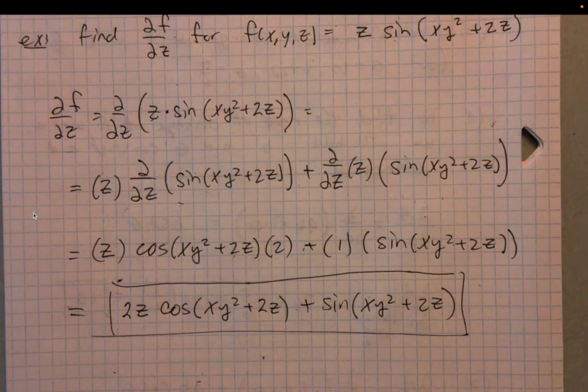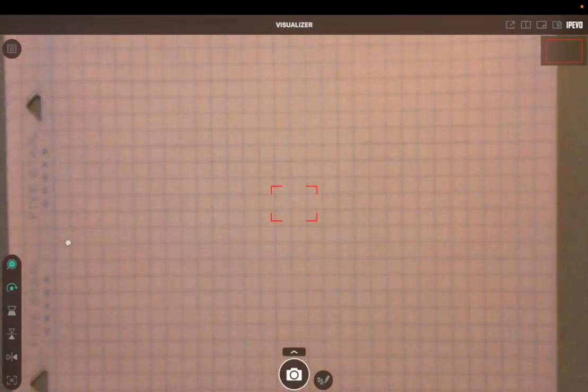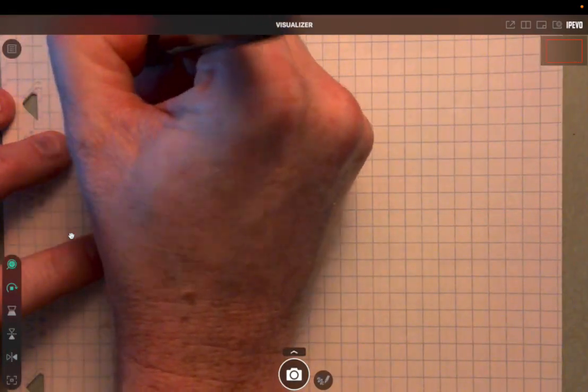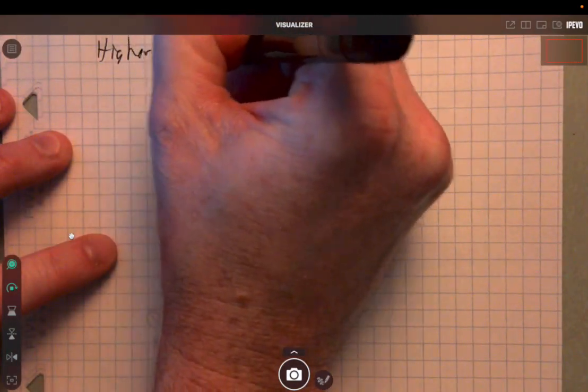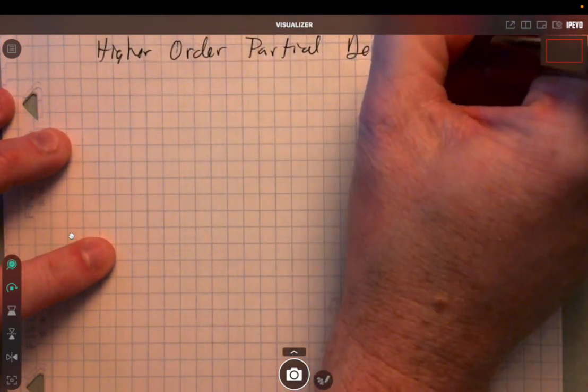Okay, very good. So that's kind of an introduction to partial derivatives. And just like with ordinary derivatives, we have the ability to take higher order partial derivatives.